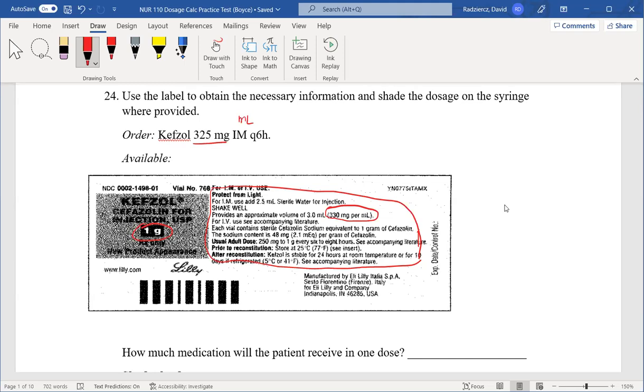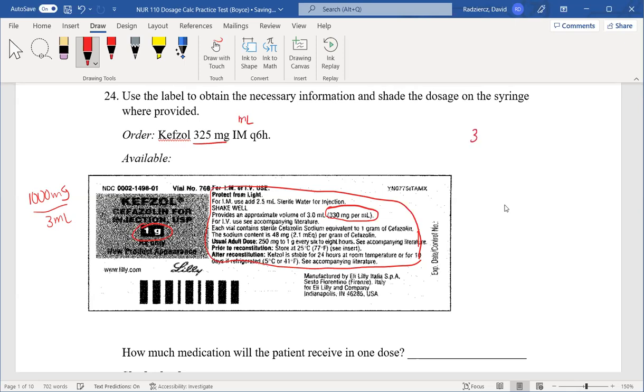There are some examples of reconstitution where they just tell you the total volume, and they don't tell you anything else. All you would do is convert grams to milligrams and divide by the total volume in order to get your strength. But if it's given to you on the label, this is what you use.